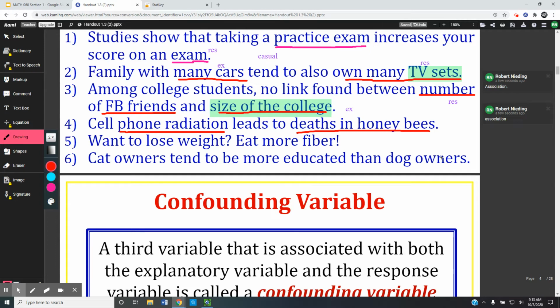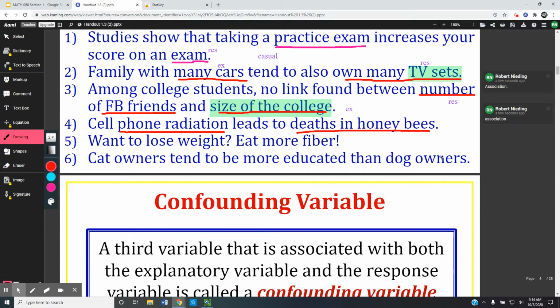Okay. Now, there have been studies done, and you may or may not know them, to where there is an association between radiation and the death of honeybees. And we can look at this and we could say, okay, there clearly could be an association, but we could also say clearly there could be a causal association between these two.